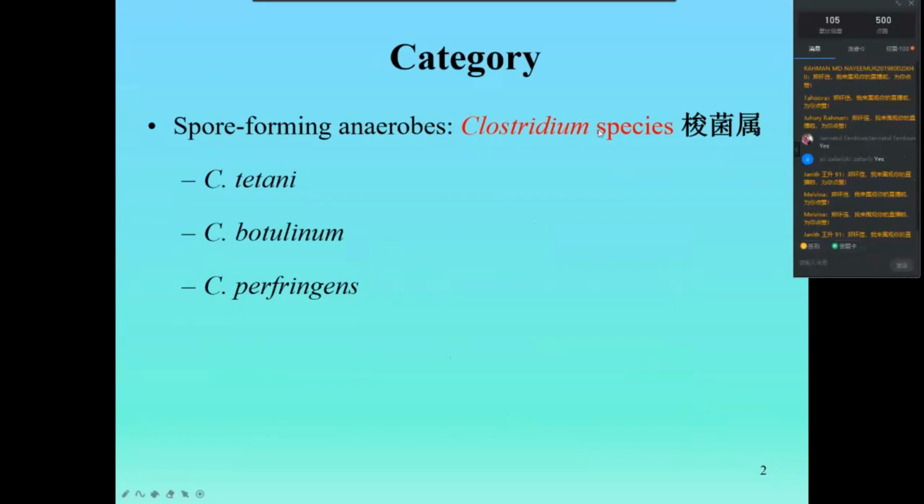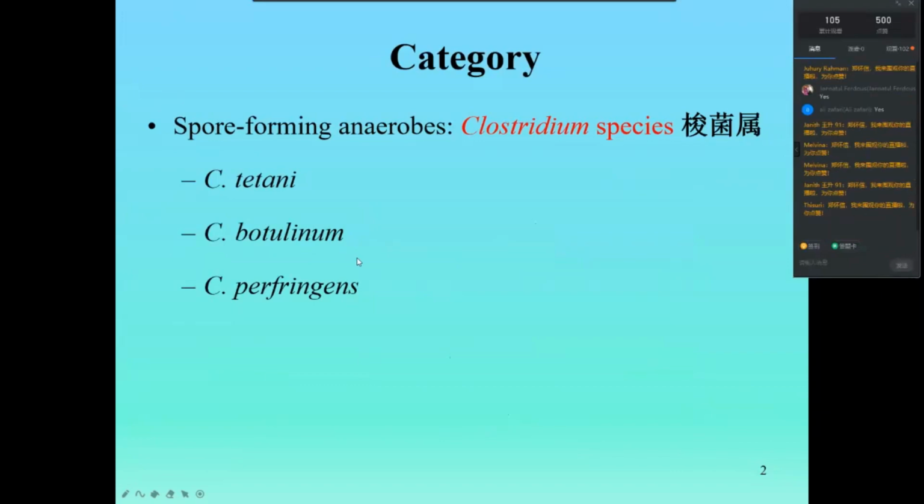Clostridium contains different species. We'll introduce three major species: Clostridium tetani, botulinum, and perfringens. Those three different pathogens are so important. They can cause critical disease, or they can lethally cause the patient to die.